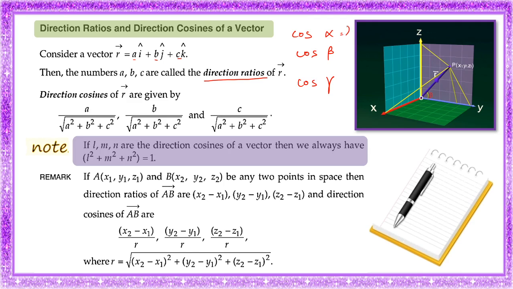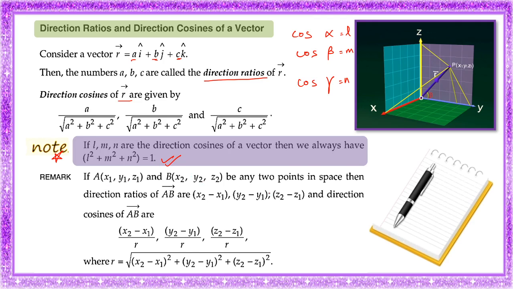We normally represent these three direction cosines with l, m and n. And the direction cosines of r, this is the formula: a upon magnitude of that position vector, b upon magnitude of that position vector, and the same with c, where a, b, c are these three scalar numbers. If l, m, n are direction cosines of a vector, then we always have, this is a very important result, l square plus m square plus n square is equal to 1.